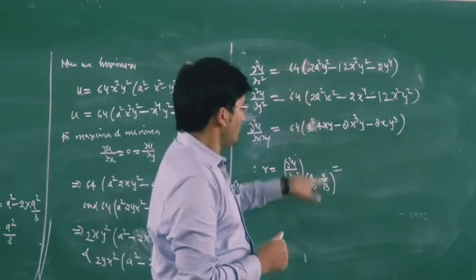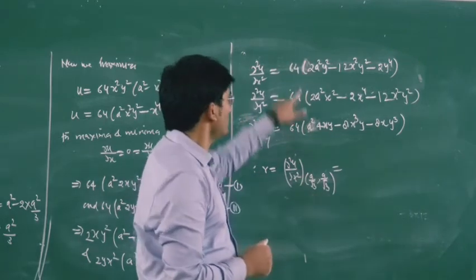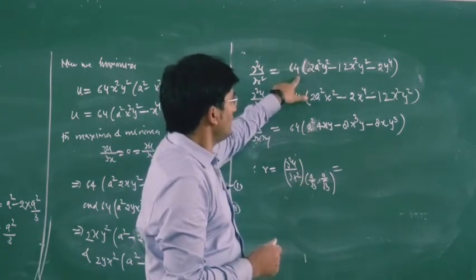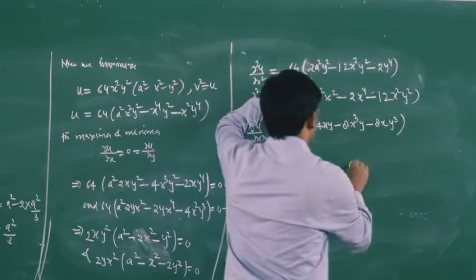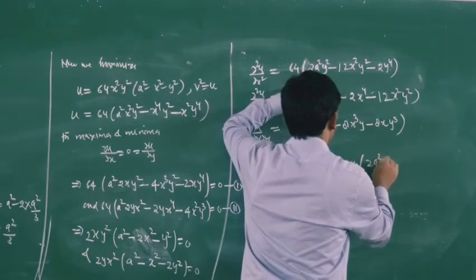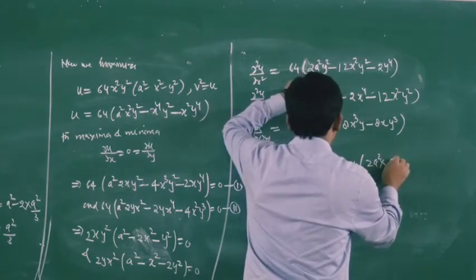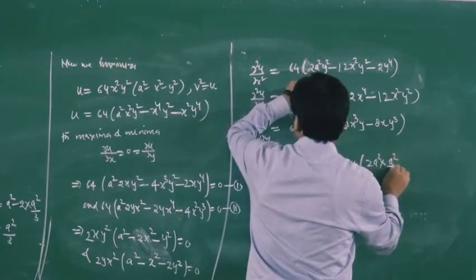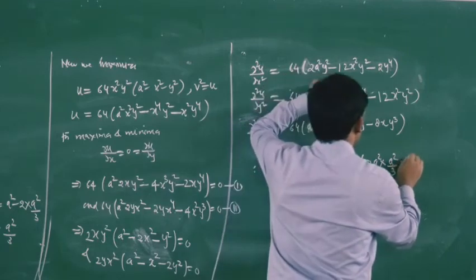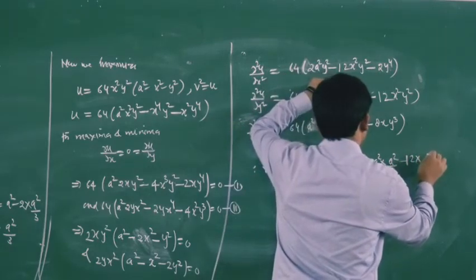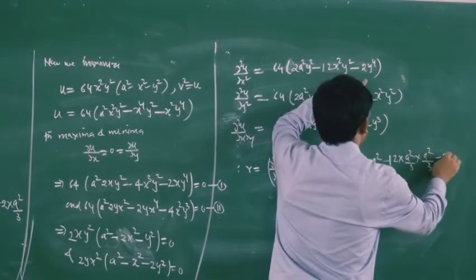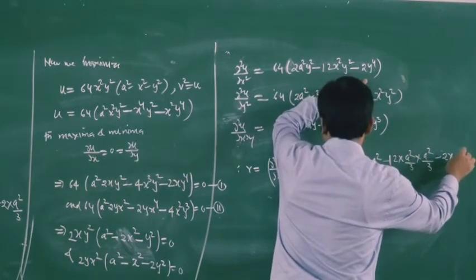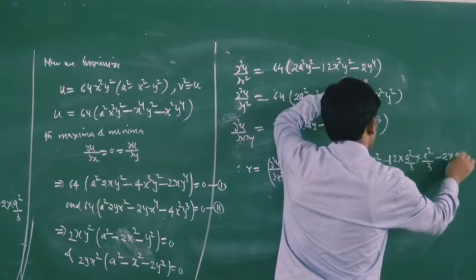Now here we can see that our x and y are equal to each other. So if you want to take common, then we can write it as 64 times a², y is a upon root 3, so this will be a² upon 3. Now this is your 12 a² upon 3 into a² upon 3. Then we will have 2 into power 4 will be a⁴ upon 9.